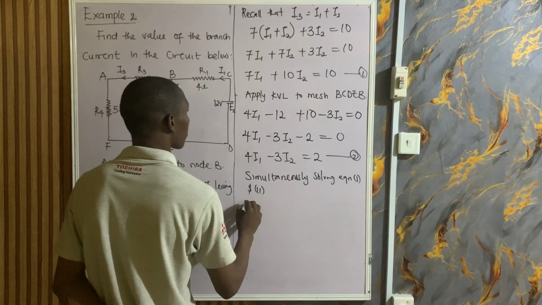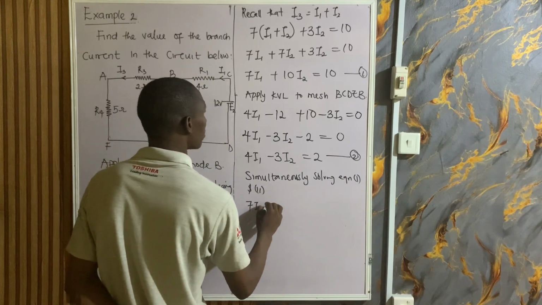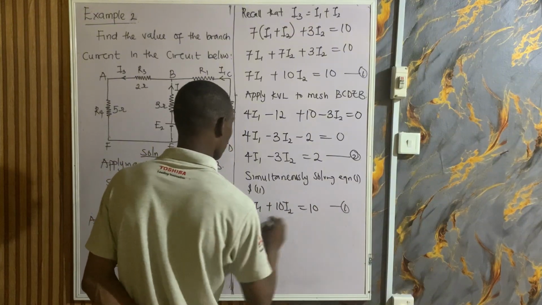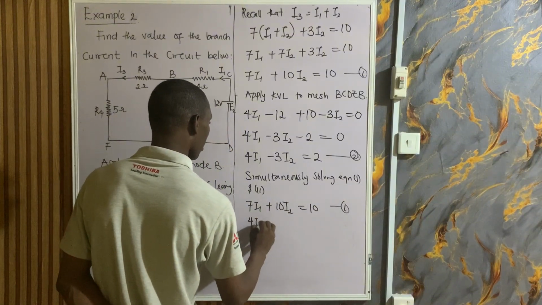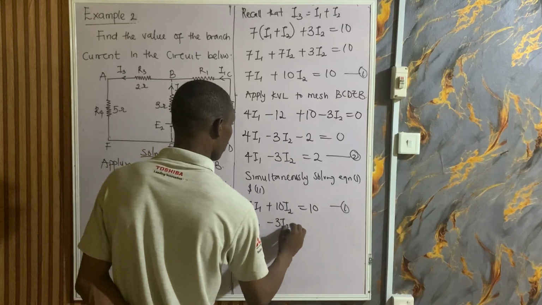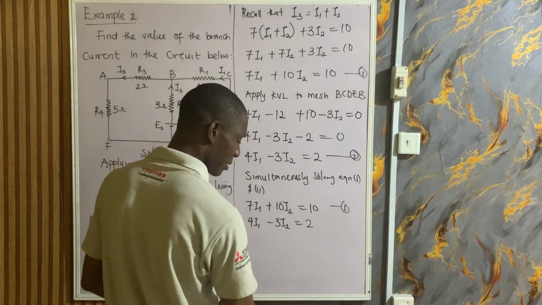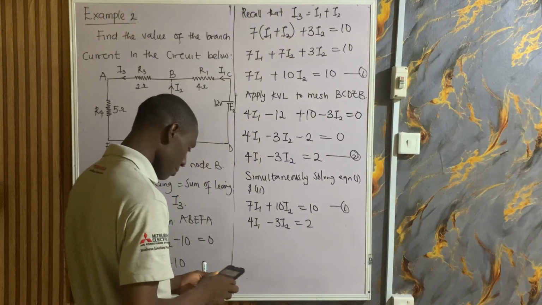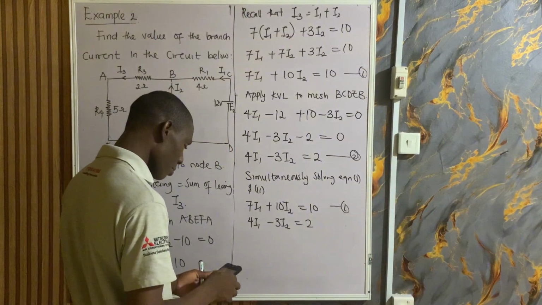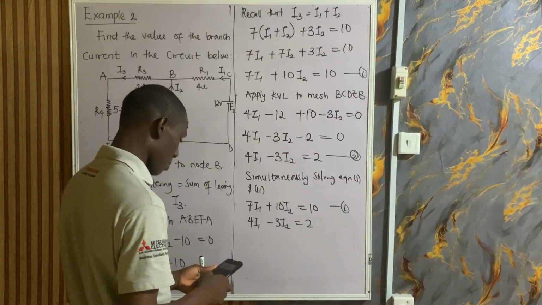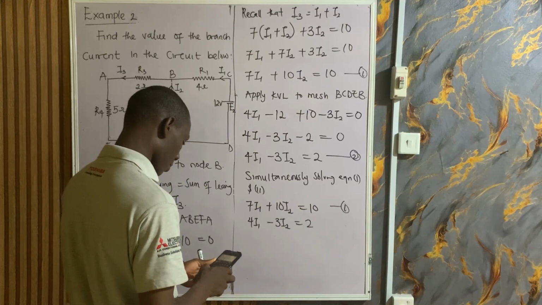That is 7I1 plus 10I2 equals 10, equation 1, and then 4I1 minus 3I2 equals 2. Okay? So let me evaluate this now.